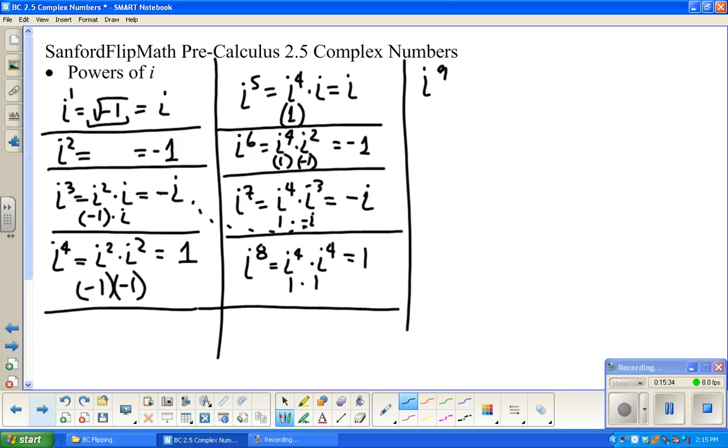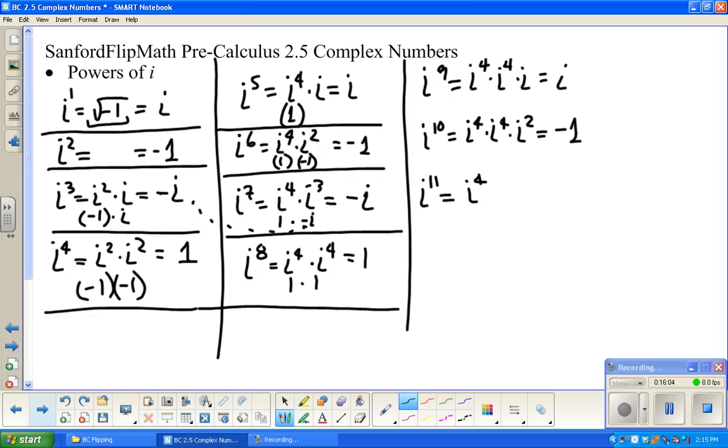i to the 9th, yeah, I know you're saying to yourself, really? You're going to keep going? Well, that's i to the 4th times, not 4, sorry, I got 4 on the brain, times i to the 4th times i. Well, that's 1 times 1 times i. i to the 10th, you guessed it, and i to the 11th, same song, yet another verse.